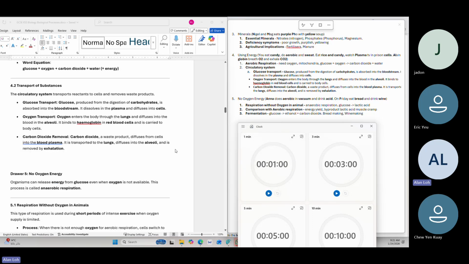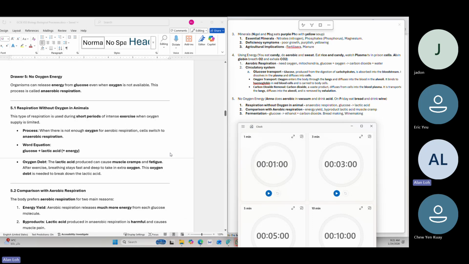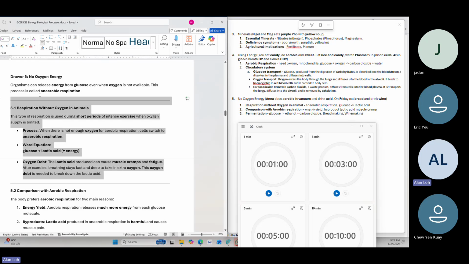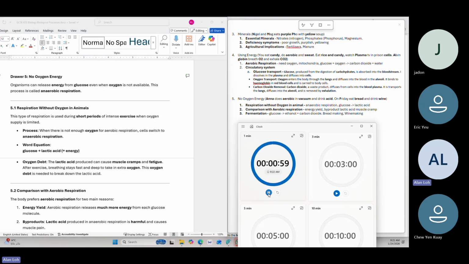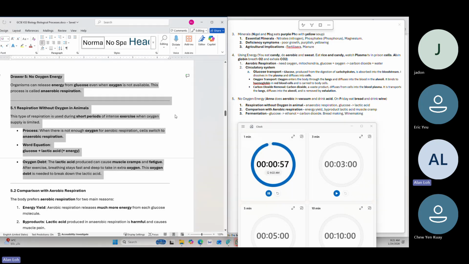Done. Last drawer. Let's continue on our last drawer. Drawer number 5. No energy. Okay, you drink the energy drink until no oxygen. No energy, sorry. No oxygen, no energy. Remember the story. Okay, let's start now. 1 minute.